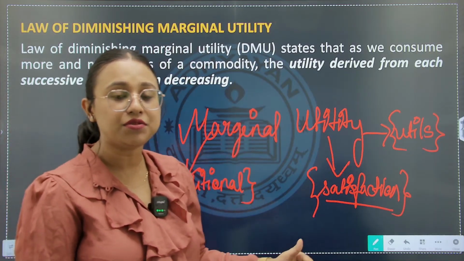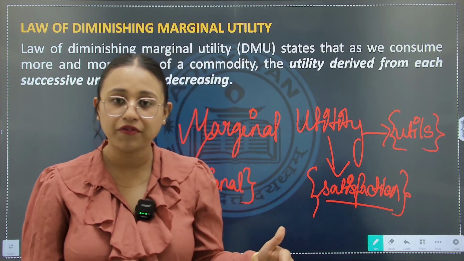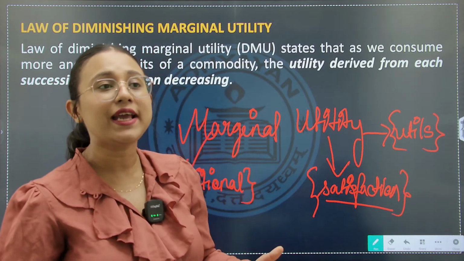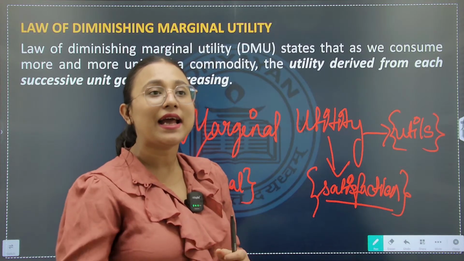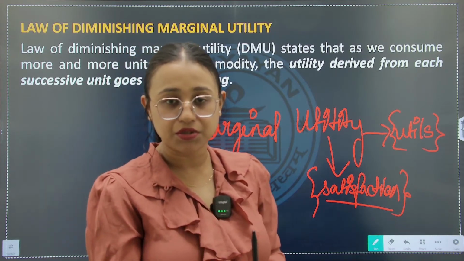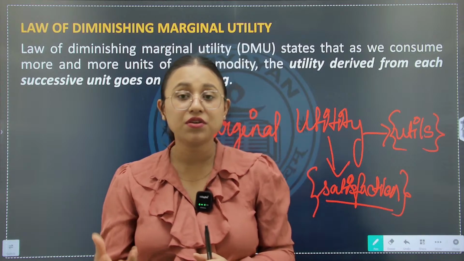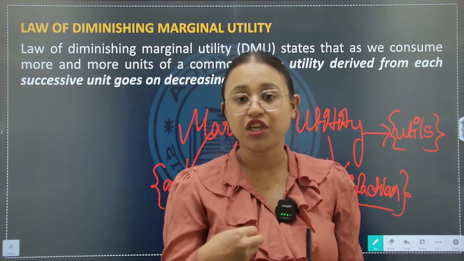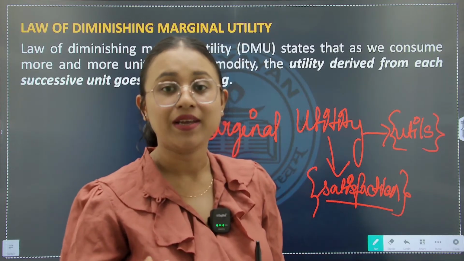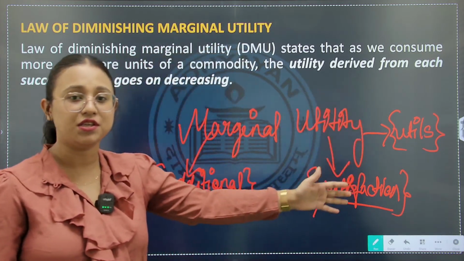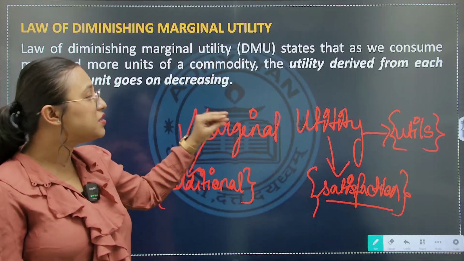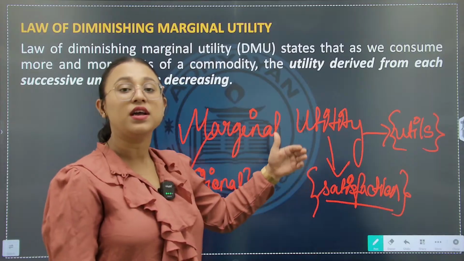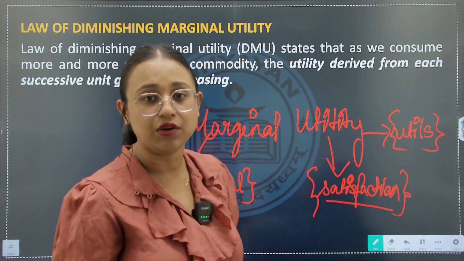And we know what is utility. It is want satisfying power of a commodity or satisfaction derived from consumption of a commodity. So marginal utility is additional utility derived from consumption of additional unit of a commodity.